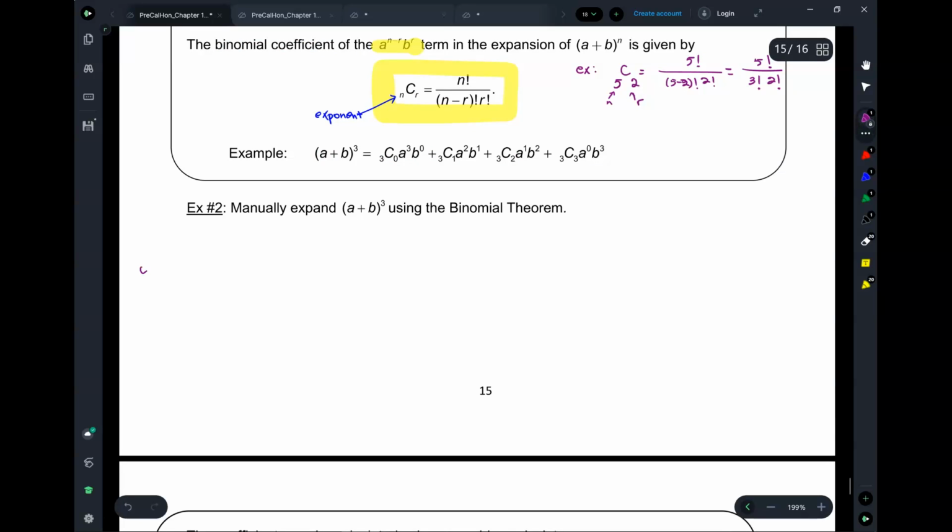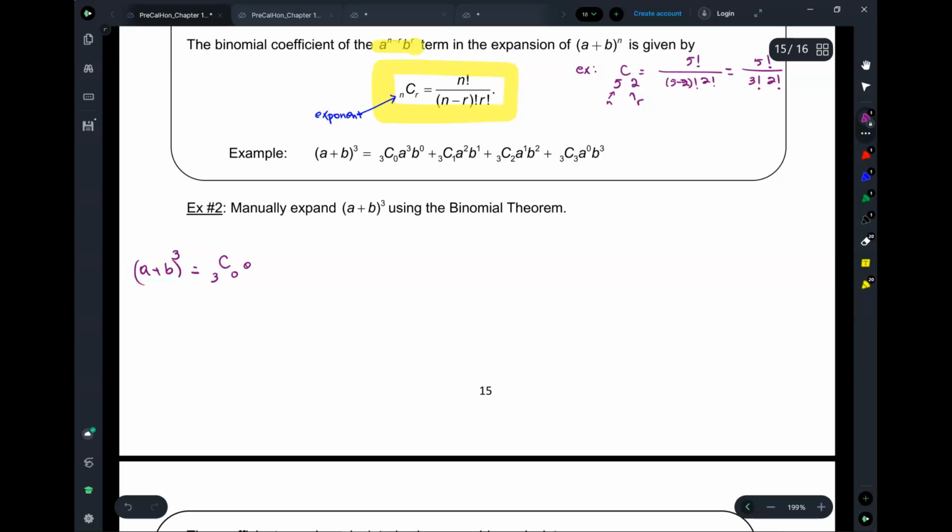Let's do a plus b cubed. Here's what we do. You write down C. First you put in n, that's 3. And then this number r starts from 0. r is always going to go from 0 to n. And then the term inside is the same thing as before.